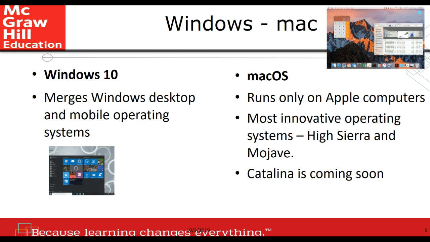And the latest ones are High Sierra and Mojave, okay? Catalina is coming soon. I don't know if it's already issued at this moment, so you can double check that. If any of you are using an Apple Mac, double check what is the latest one. I think most people use either High Sierra or Mojave.